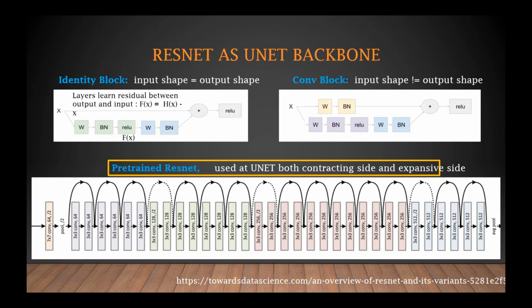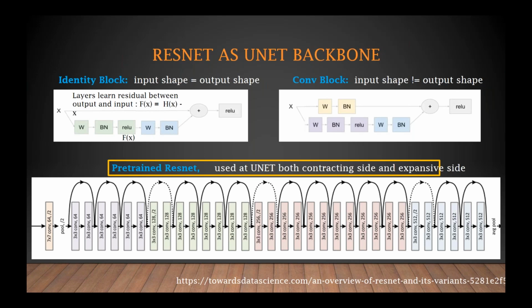The lower image here shows the structure of ResNet 34. You can see it's composed of a lot of residual blocks. The curvy arrows here are the direct connections, and then several convolutional filters, and here it shows different numbers of filters.